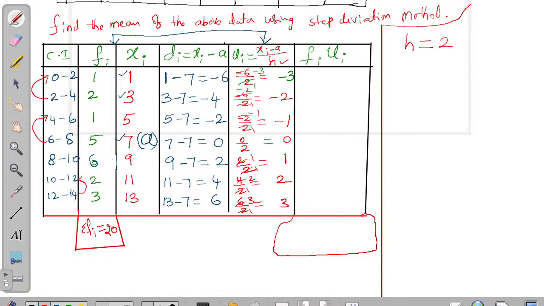You have to find sigma Fi Ui. Before going to this, you have to multiply the Fi values with Ui values.